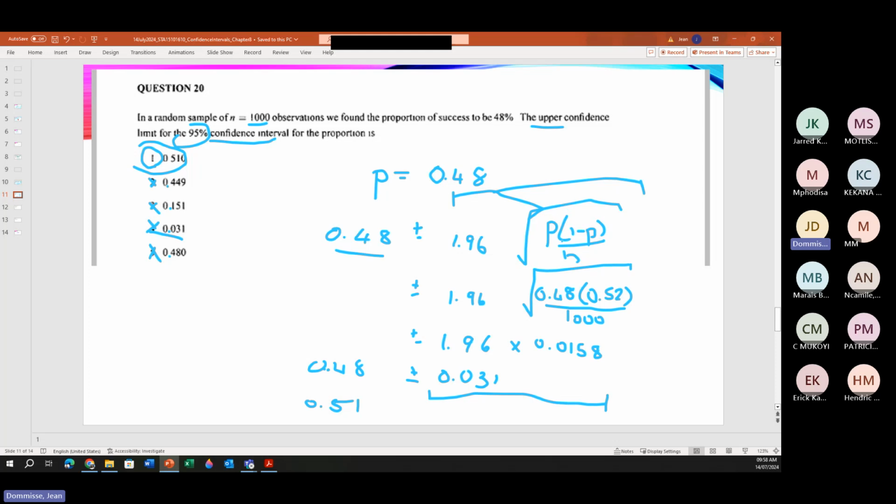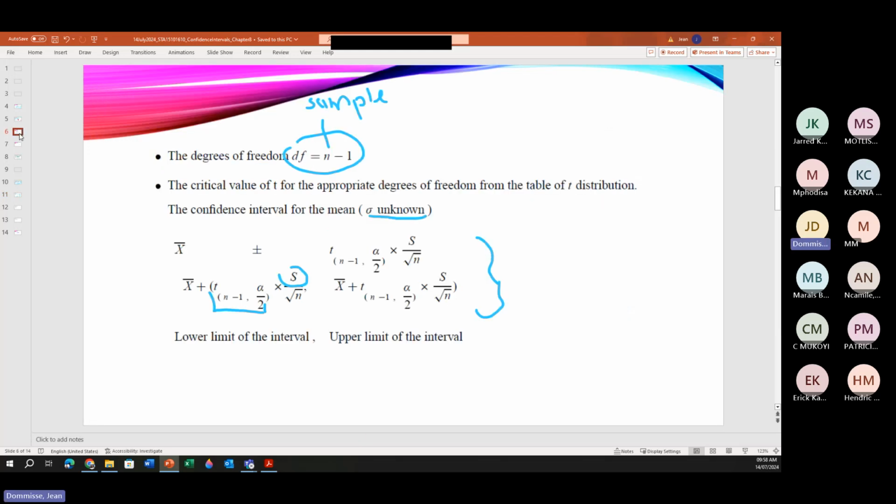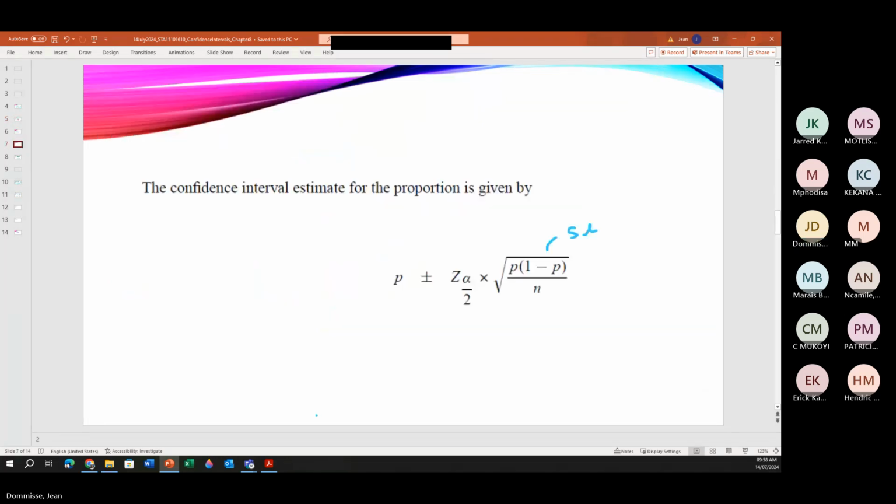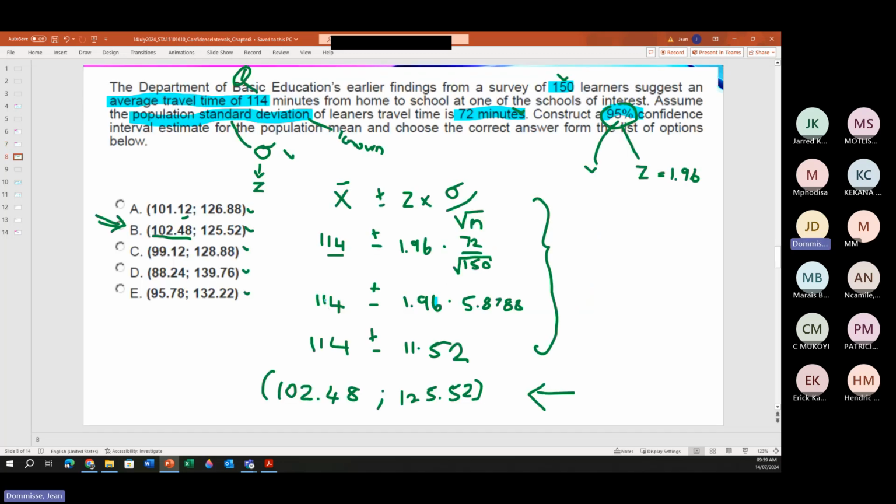So even with confidence intervals, just remember every time this component in all the formulas, if you go back to study unit 7, is your standard error. So they might even ask you a standard error calculation, even though we want to nearly see a confidence interval.